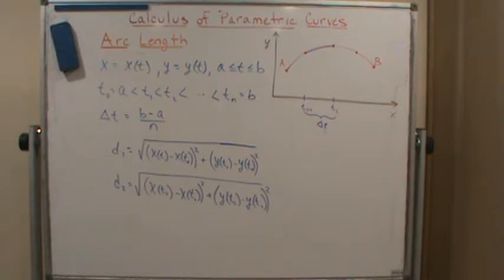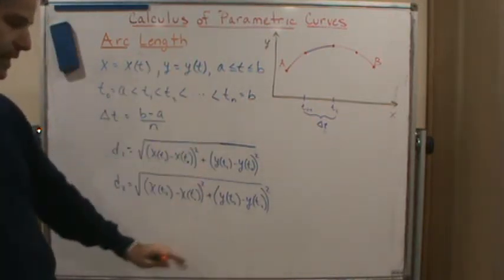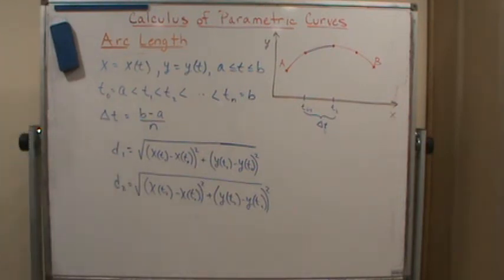And we keep doing this over and over again until we get to the end. So we take all of these line segments, all of these lengths, and we add them up.